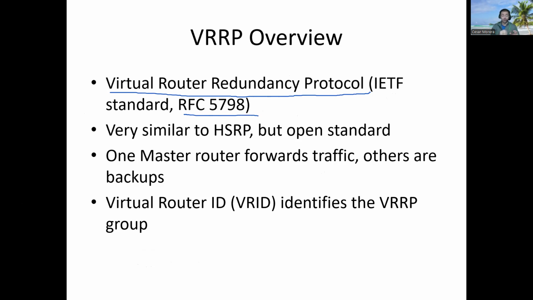One master router forwards traffic, and the others are backups. The Virtual Router ID, VRID, identifies the VRRP group. That's a little bit about the characteristics and definition of VRRP. Let's go ahead and move on.